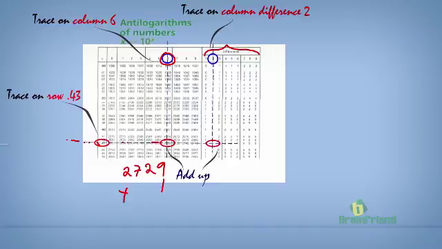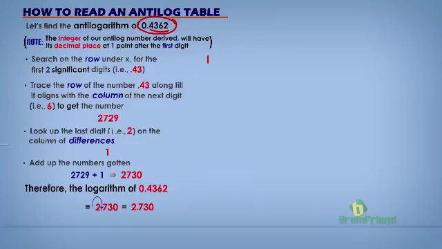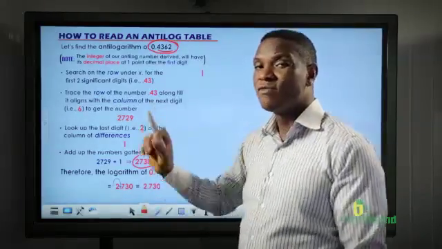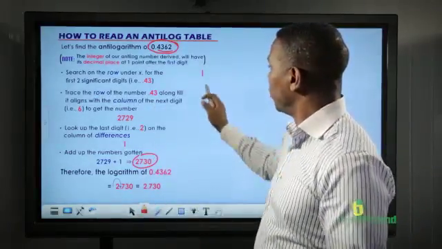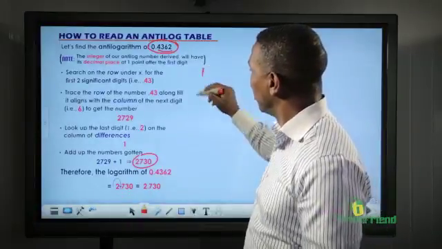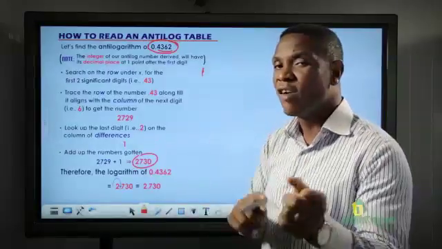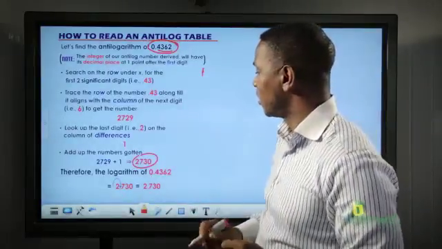So we add up our two values, 2729 and 1, to get 2730. 2730 here is our number string gotten from the antilog table. But remember, we have our integral part, which we calculated to be 1 here, that indicates the number of digits we have before the decimal point in our final answer.